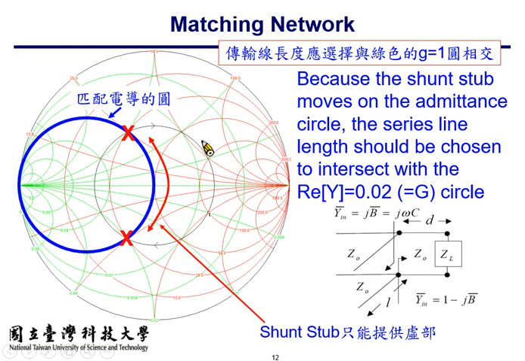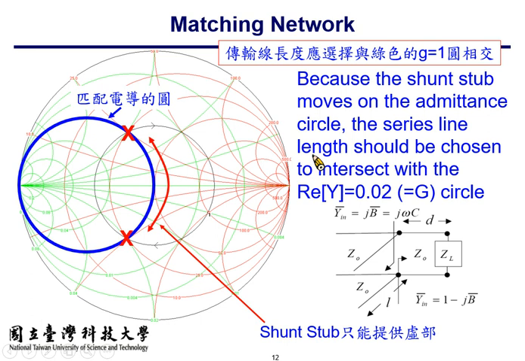For this example, for this single stub matching problem, our objective is to reach the unit conductance circle, which is drawn as a solid line in this figure. So the blue circle is the unit conductance circle on the Y chart.